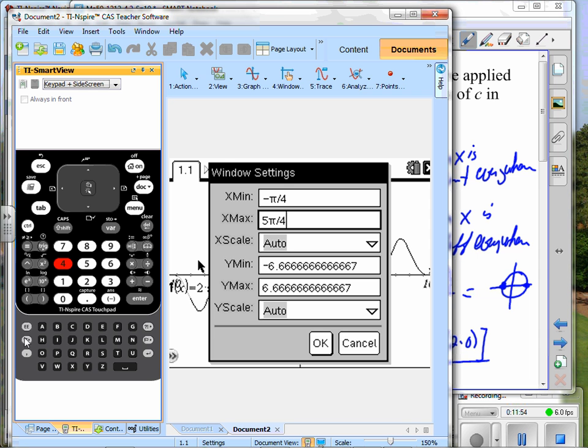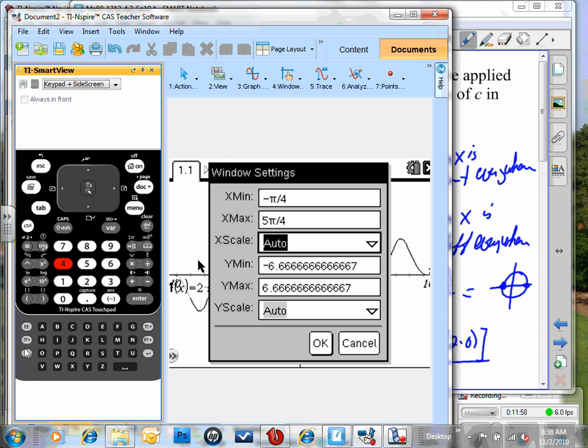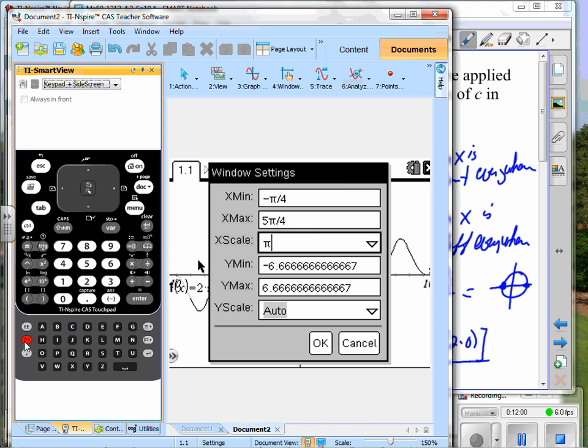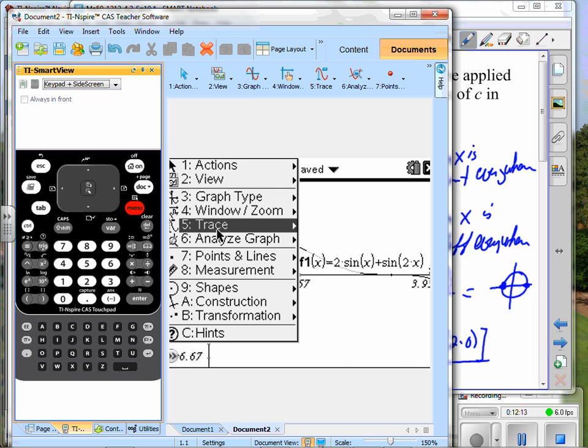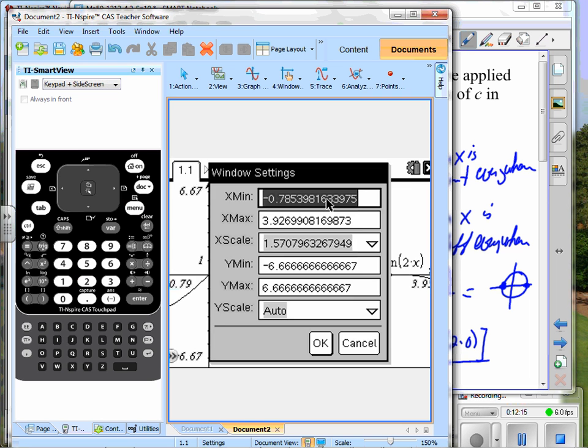I'm making mine just a little bit larger. Oh, let's see.